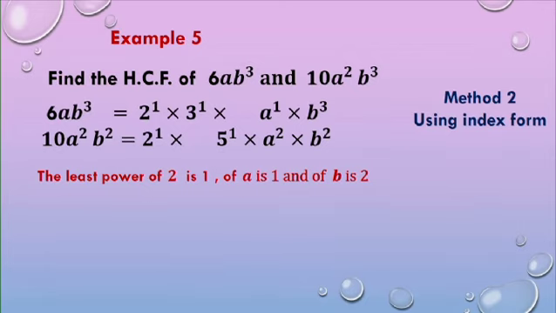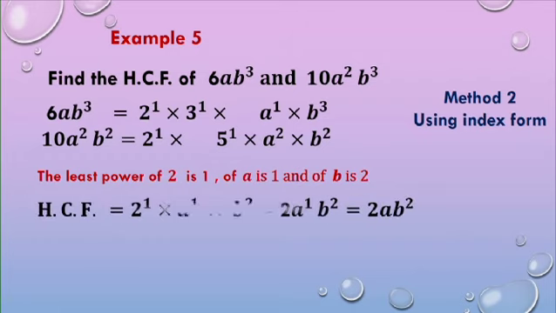Here the least power of 2 is 1, the least power of a is 1, and the least power of b is 2. So the HCF is 2 power 1 times a power 1 times b power 2, which is equal to 2a power 1 b power 2. So we write it as 2ab squared as the answer.